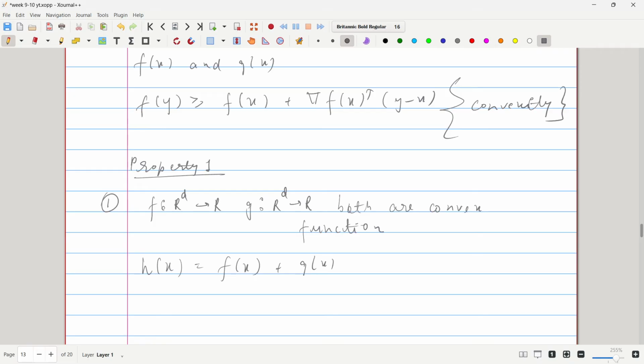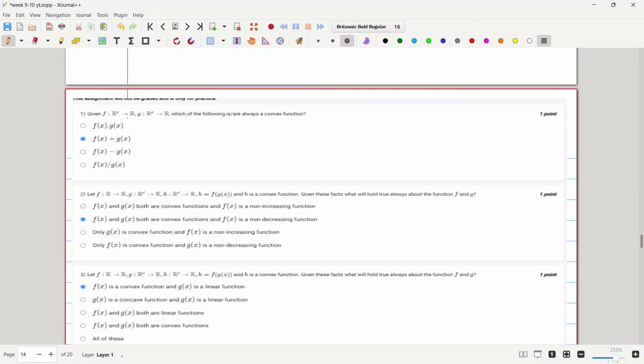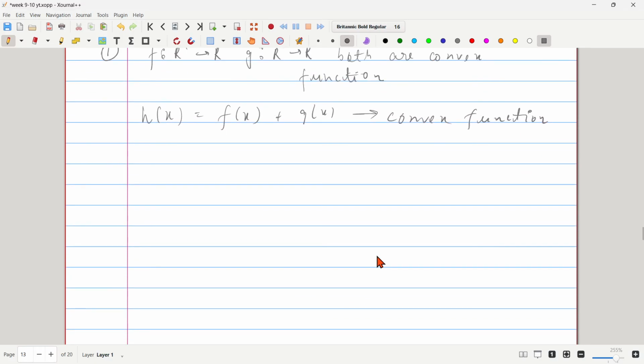So if both f and g are convex functions, then the combination of f and g is also a convex function. This is the first property, and this is also the first question. If f and g are both convex, then which of the following is or are always a convex function? f(x) plus g(x).